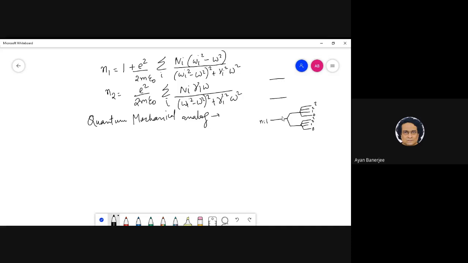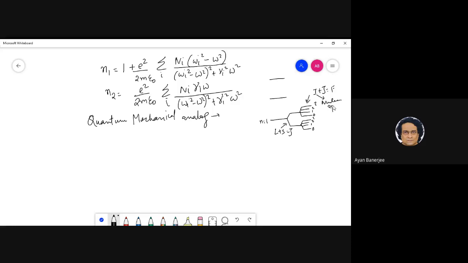There are two things. This breaking happens because of the spin of the electron. This structure comes from L plus S equal to J, and this structure comes from I plus J, which is F, where I is the nuclear spin.